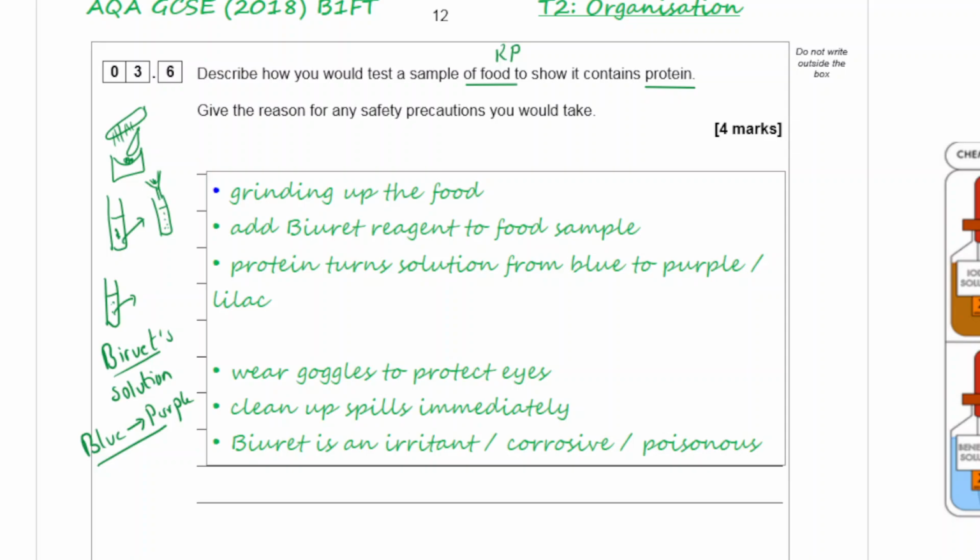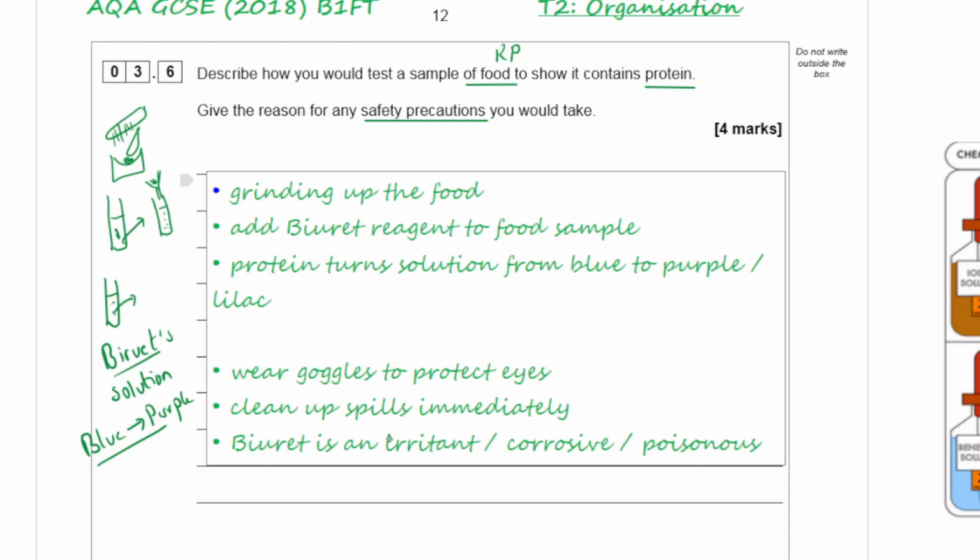Give the reason for any safety precautions you would take. So that is important. You need to give any safety precaution that you would take. What would you do as a safety precaution? You would wear goggles to protect your eyes, right? Cleaning up any spills so that somebody else doesn't touch any liquid and wind up touching it.